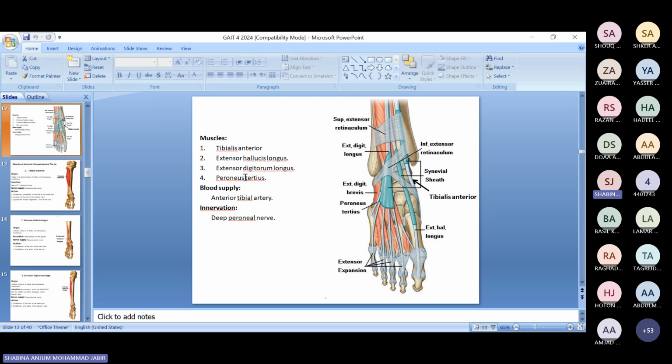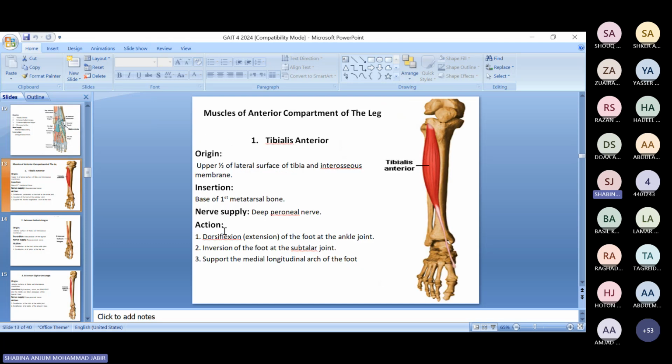What is tertius? It is the third peroneus muscle. Tertius means tertiary: primary, secondary, tertiary. This is the third peroneus muscle, which is not in the lateral compartment. It is in the anterior compartment. What is the nerve supply? Deep peroneal nerve, and artery by the anterior tibial artery.